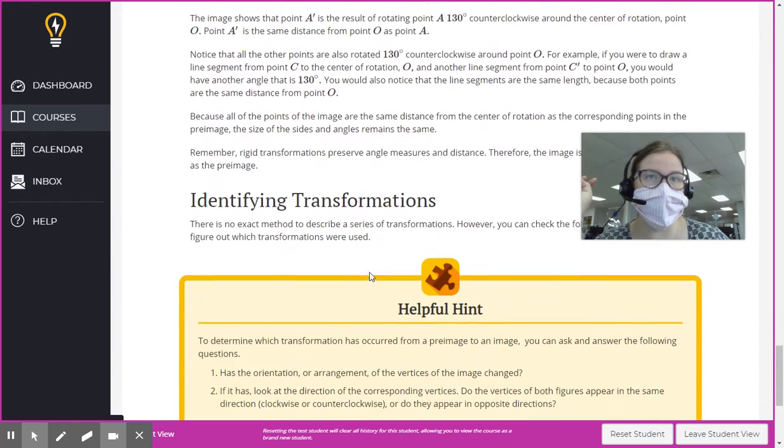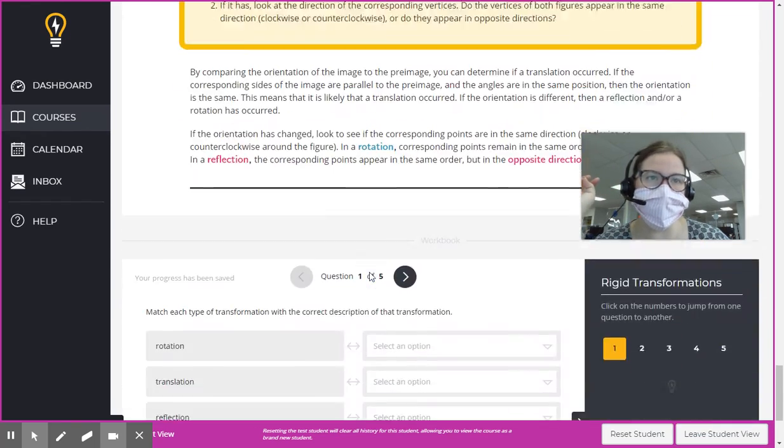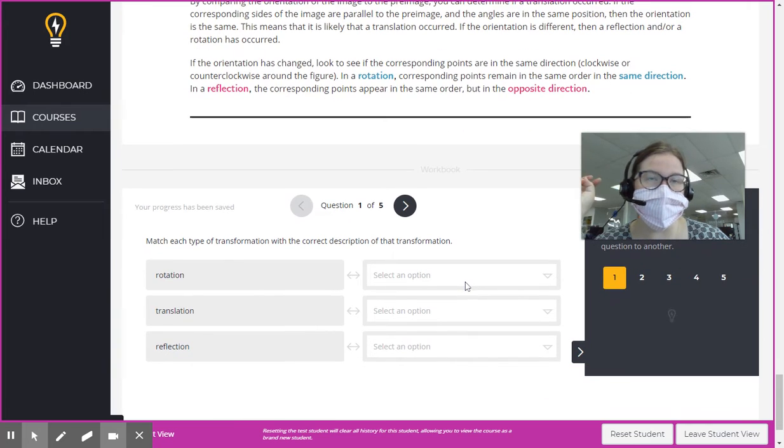Okay, so then we have to identify what the transformation is. That's what we're doing with these. So we're going to match each type of transformation with the correct description of that transformation. For a rotation, we're looking for an angle of rotation. Translation means like up, down, left, right. Reflection would mean you'd have a line of reflection.